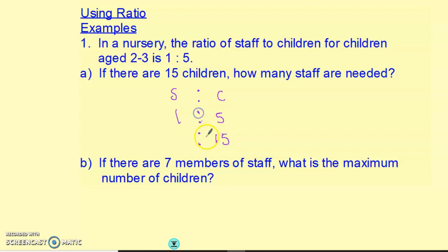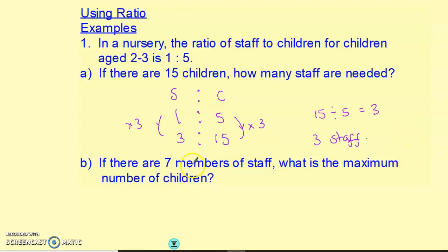Okay, so I want to get up to 15. I'm going from 5 to 15, so I'm looking for what I'm timesing by. Timesing by 3. Another way of saying what I'm timesing by is divide. If I'm going this way, I'm timesing, other way I'm dividing, the opposite of each other. I'm timesing by 3, I'm going to do the same to this side. So 3 staff would be needed.